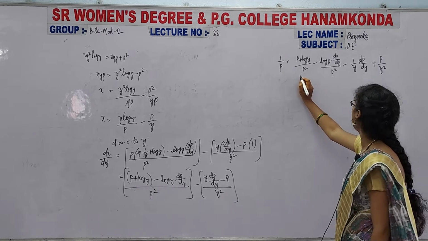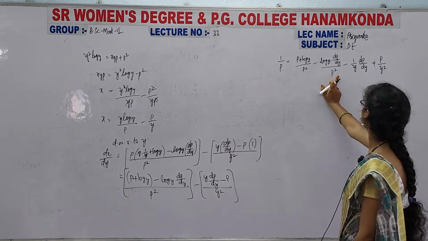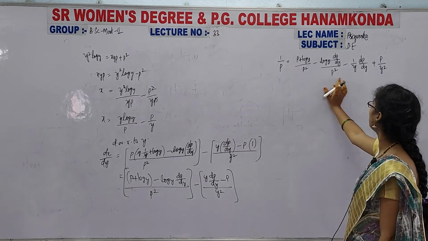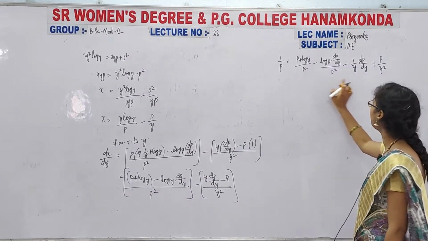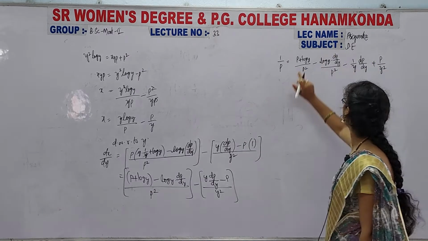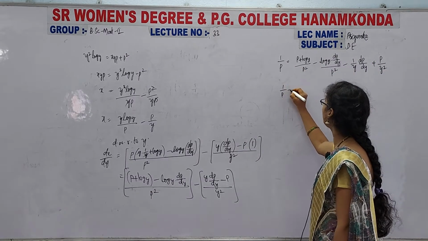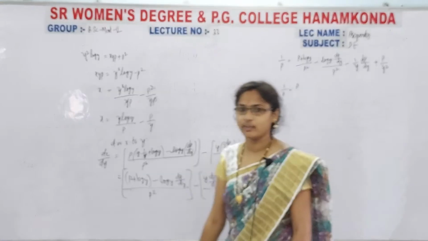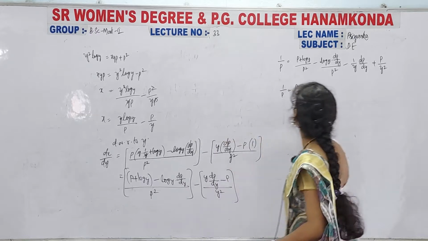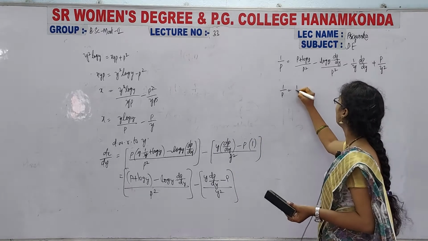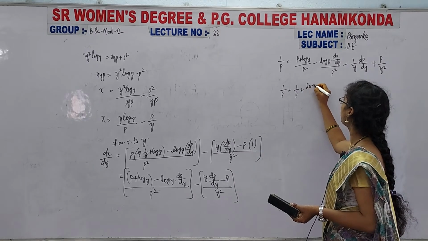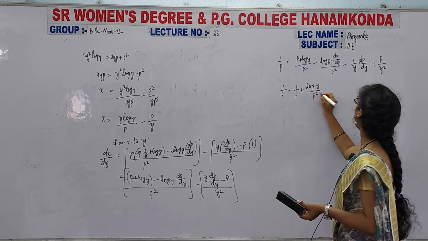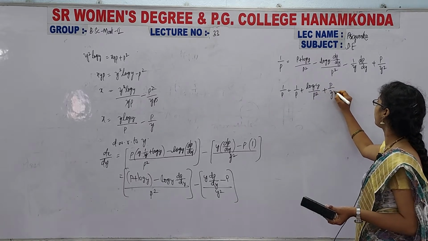So now here I have p square and so on, right? So first of all here we have dp by dy, dp by dy. Now remaining terms I am writing here, 1 by p is equal to p by p square. That means what we get here, 1 by p plus log y by p square and plus p by y square, right?